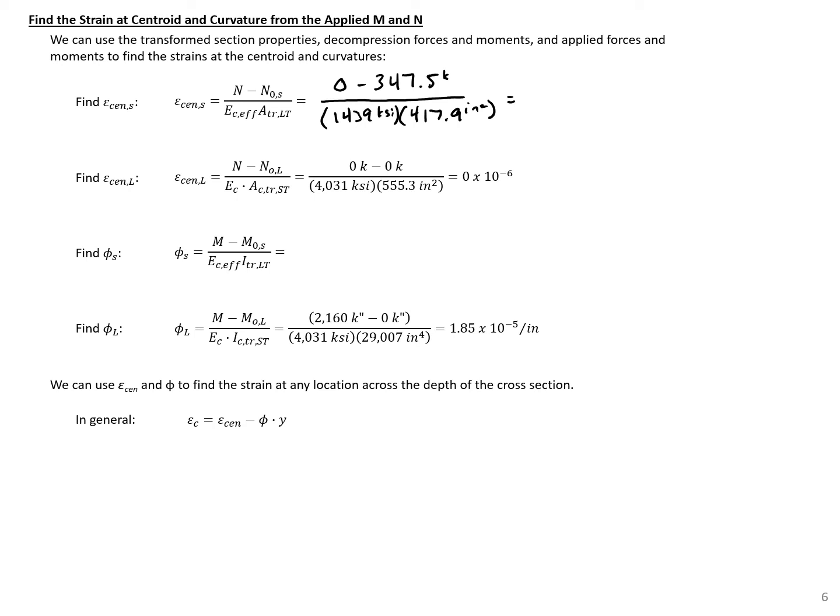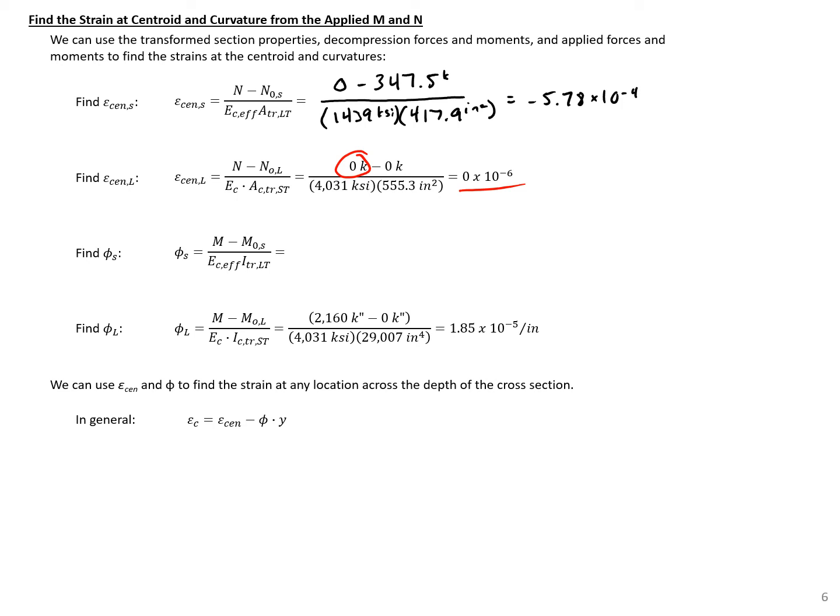So we'll get a strain here of negative 5.78 times 10 to the negative fourth. You can see we don't have any applied axial load, so this strain at the centroid due to our live load is going to be equal to 0.